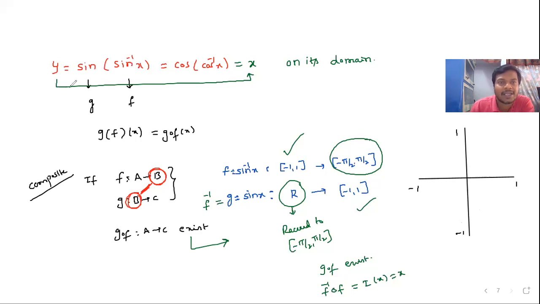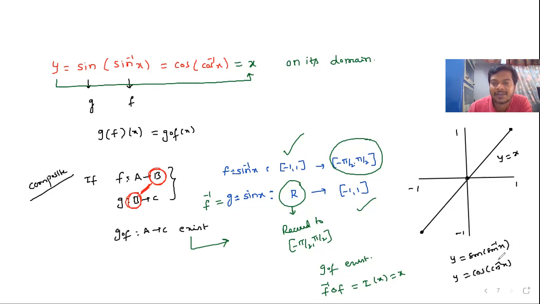And the graph is like y equal to x: -1 -1, 0 0, 1 1. Joining all these points, this is the graph of y equal to x in the interval -1 to 1, and it is the same as the graph of y equal to sine inverse of x as well as y equal to cos inverse of x.